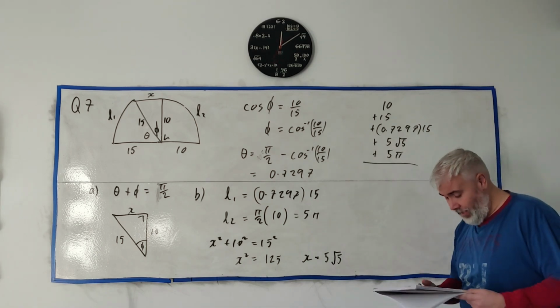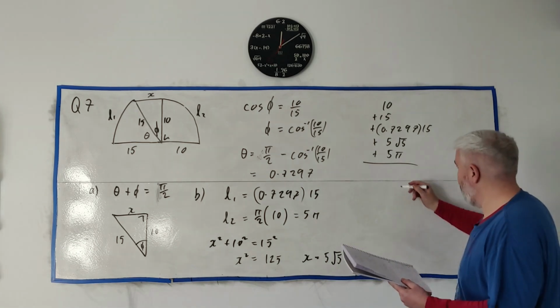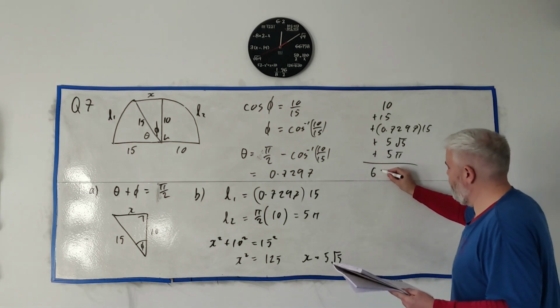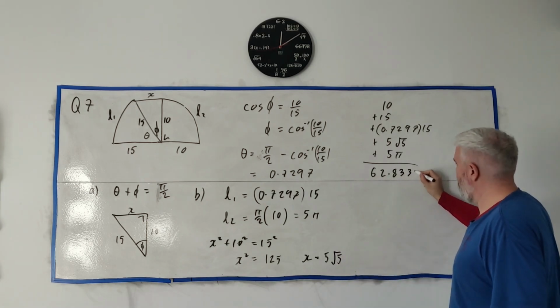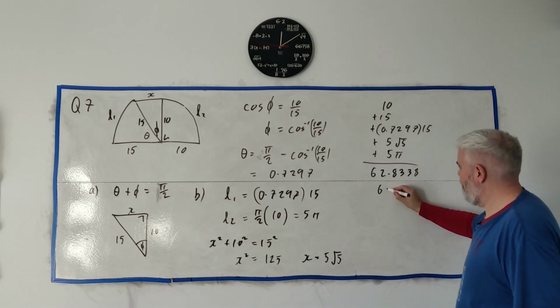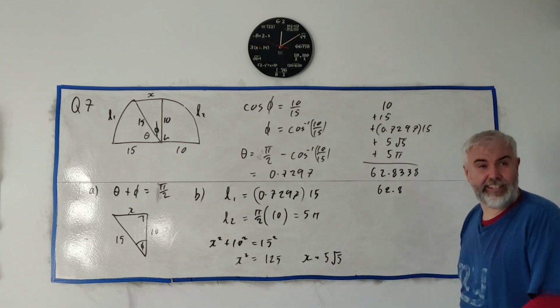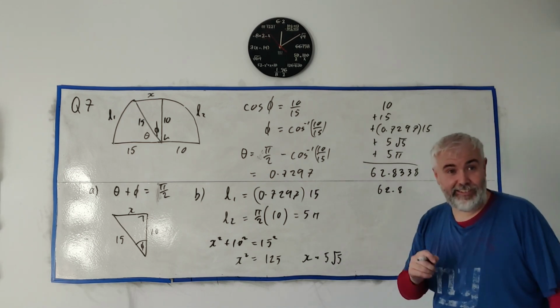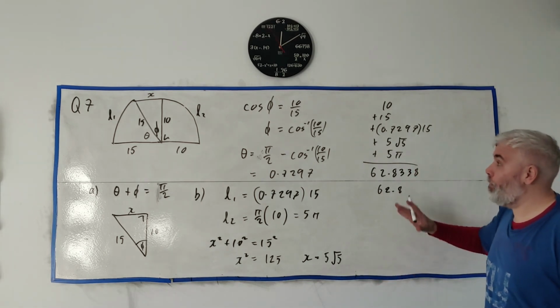Put all that into a calculator and I get 62.8338. They asked for 3 significant figures, so that's 62.8. So that's the answer to the first part of part B, the perimeter.